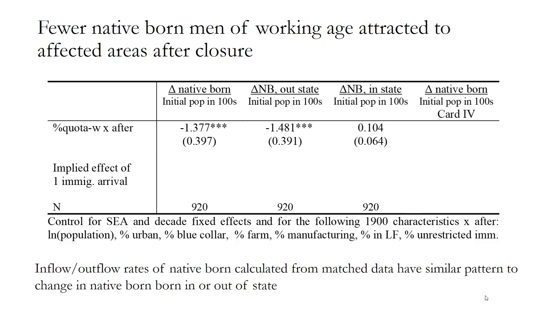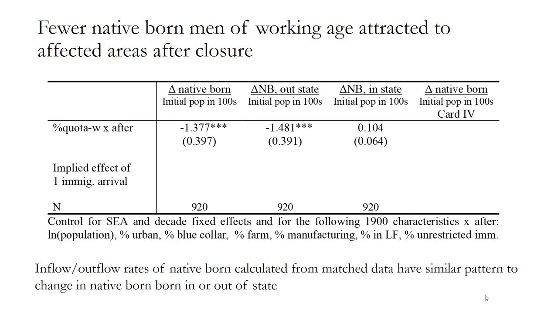I am going to skip over, for the most part, what the rest of this table would be. But basically, what I wanted to say is that these coefficients are less interpretable than something like this, the implied effect of one immigrant arrival. These are just policy coefficients that are saying, in policy-affected areas, after the policy is in place, what happens?